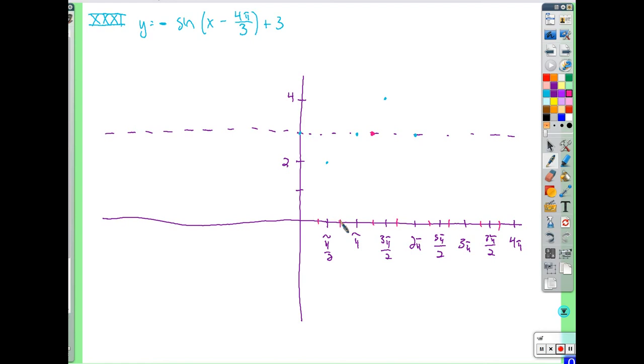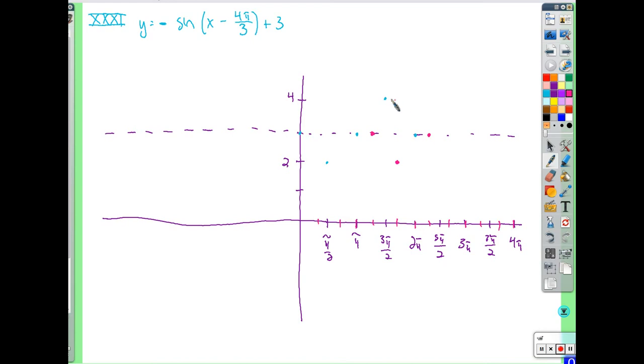Let's see, 1, 2, 3, 4 pi over 3. Yeah, it's right there. Because these are also pi over 3 marks. Right, and we'll move this one over 4 pi over 3 from there. So we'll go over 1, 2, 3, 4 pi over 3. We're back at the midline.